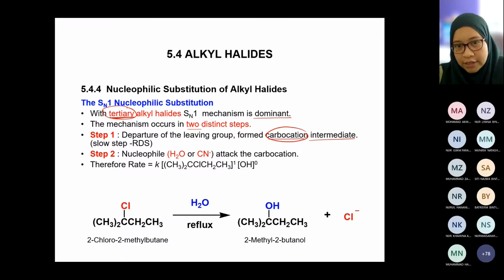So kalau form carbocation, tertiary would be more stable lah. Okay, alright. So first step, the departure of the leaving group. Maksudnya bromine, halogen tu akan leave the group secara naturally.